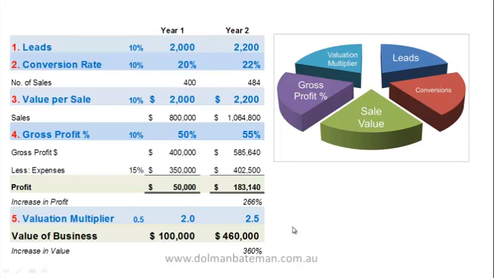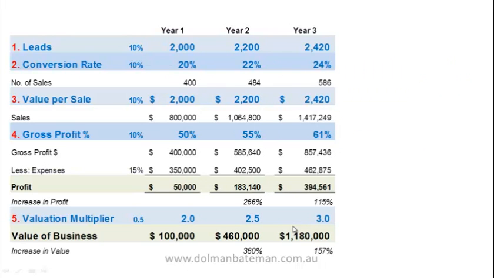So let's see what happens if we take this a bit further, and we take it to the third year, and we've got just another 10% increase, because we're continually looking at improving our systems and our processes so that we get an improvement across all of these 5 multipliers in the system. And so we've increased the conversion rate just slightly because we've learned a few more things.